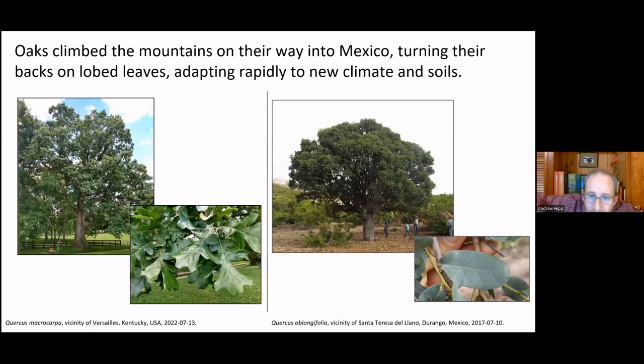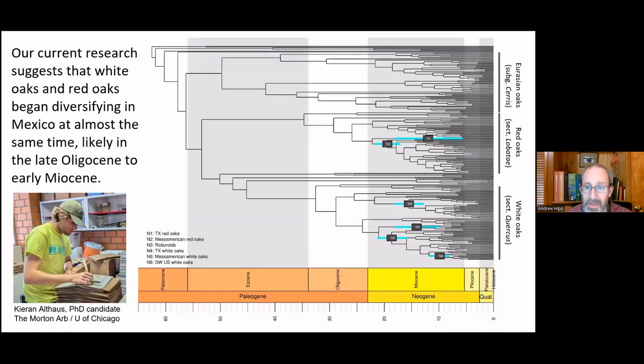As they moved from eastern North America down into Mexico, oaks climbed up into the mountains. And as they did so, the lobed oaks that we think of as typical of eastern North America gave way to unlobed descendants, adapting to new climates and new soils. So again, we're going to take a look at a phylogeny. Don't have to worry about the details of these tips, but look at the dates here. We've used some of our genomic data combined with fossils to ask when oaks moved into Mexico.